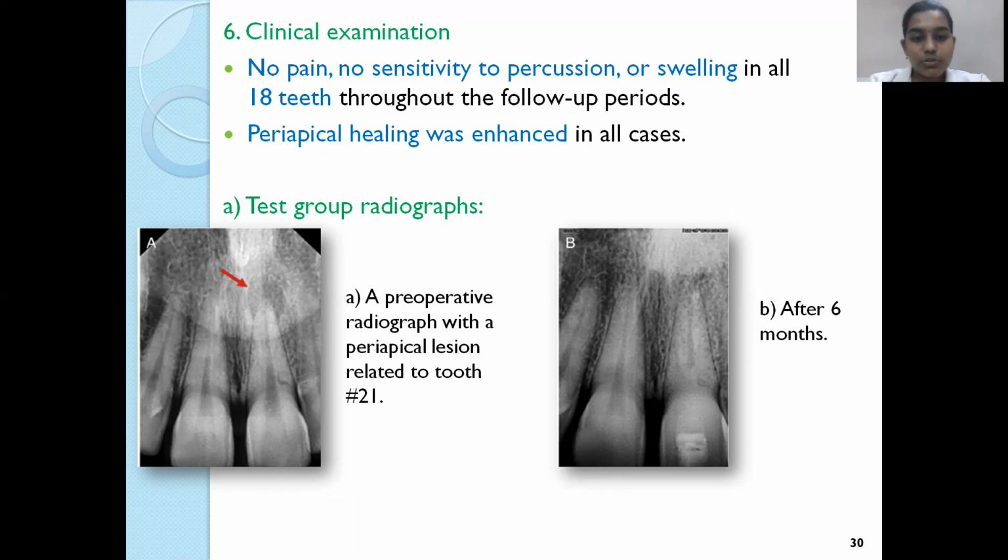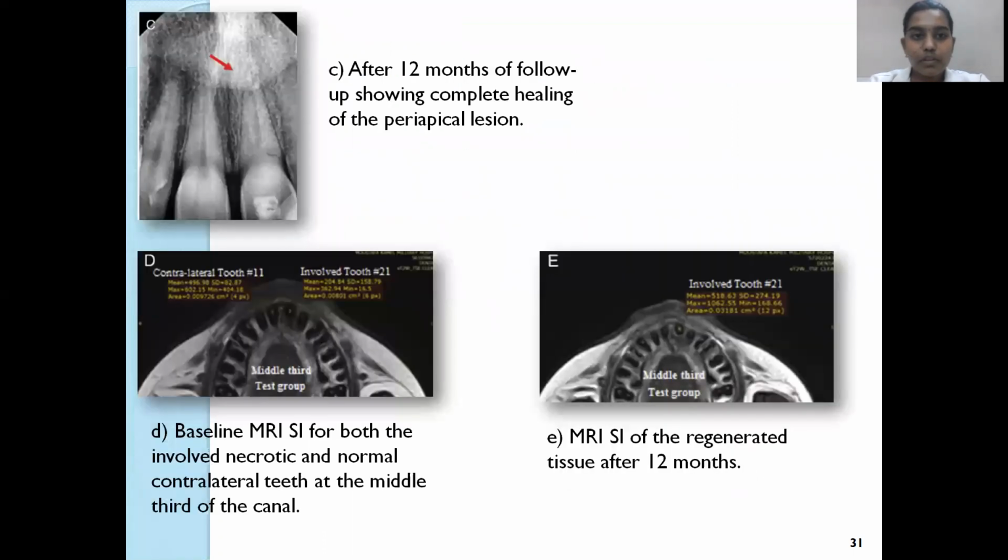Radiograph A shows a periapical lesion related to tooth number 21. B shows the radiograph after 6 months. C shows the radiograph taken after 12 months of follow-up, showing complete healing of the periapical lesion. D shows baseline MRI signal intensity for both the involved necrotic and normal contralateral teeth at the middle third of the canal.